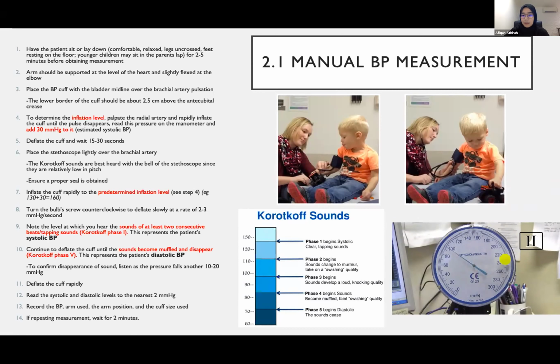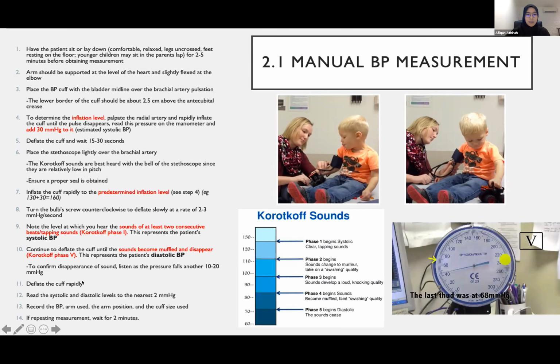And later, a swishing sound, phase 2. And a knocking sound, phase 3. And the sound will become muffled and have a swishing quality, which indicates phase 4. And then we wait until the sound disappears or ceases. That is when we note the diastolic BP.